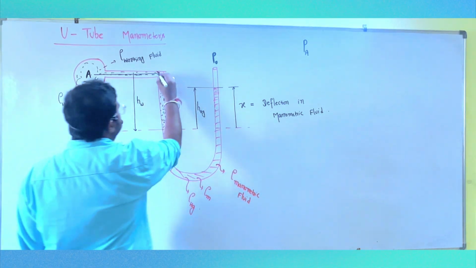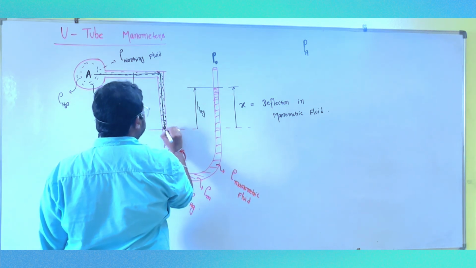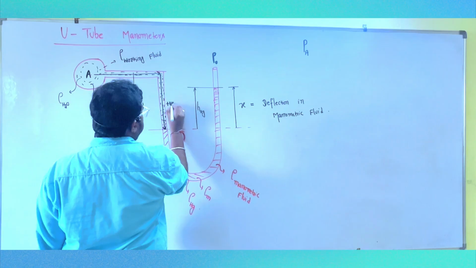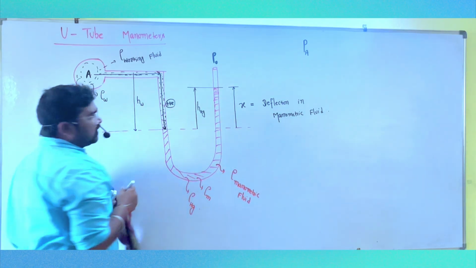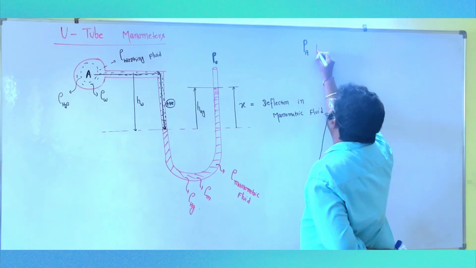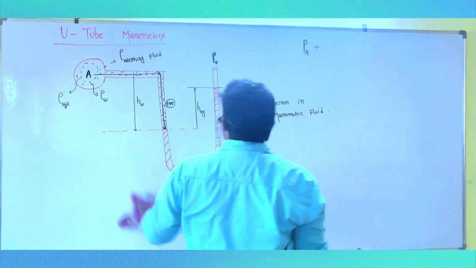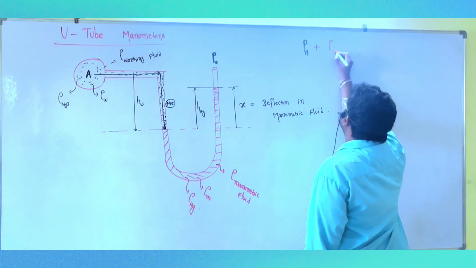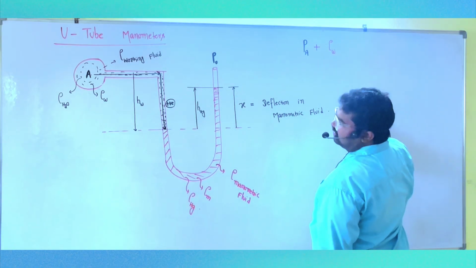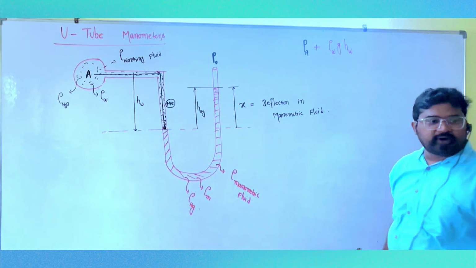Then coming down, positive or negative? Coming down, positive, so plus will come: density of water, or working fluid, into g into height of the water column.